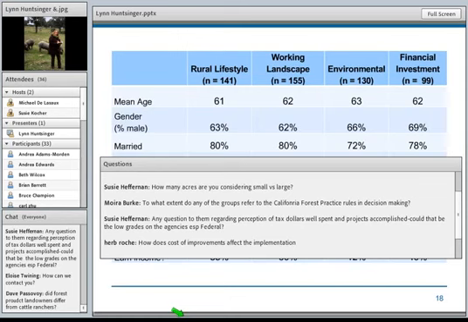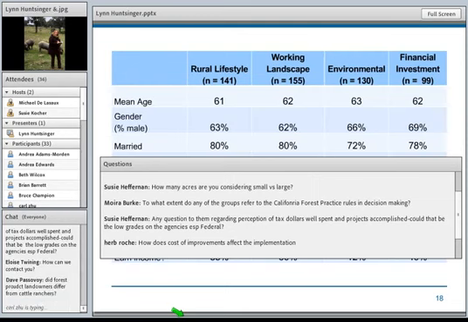So Lynn, I have a question for you. I know there is a periodic nationwide survey of forest landowners that is used pretty commonly by agencies. Is your project related to that in any way? That's the FIA survey. What was it called? The National Woodland Owner Survey, I think. We probably got ideas from it and reviewed it, but we weren't related in any way.